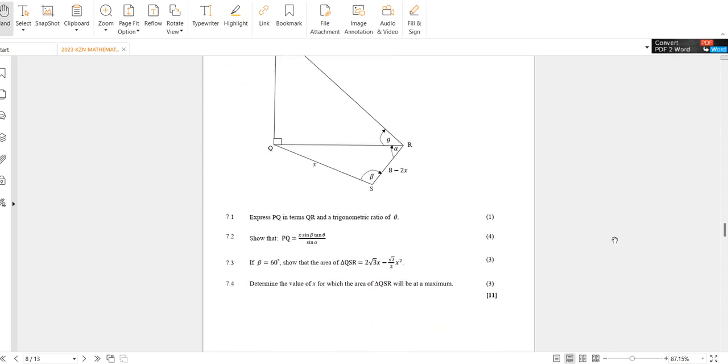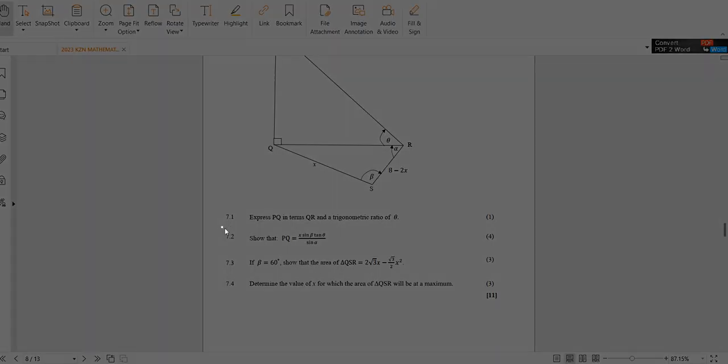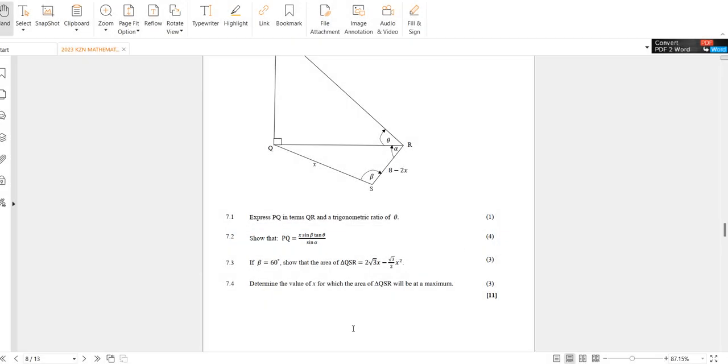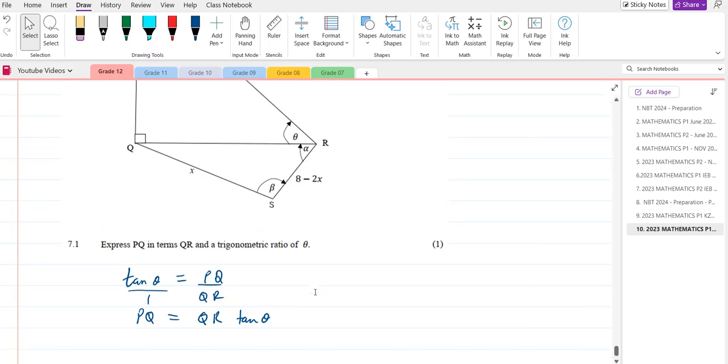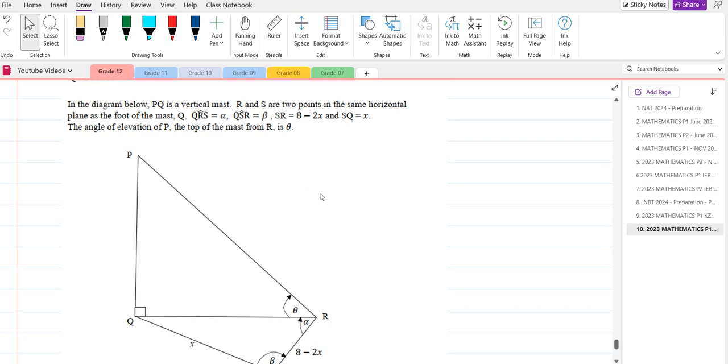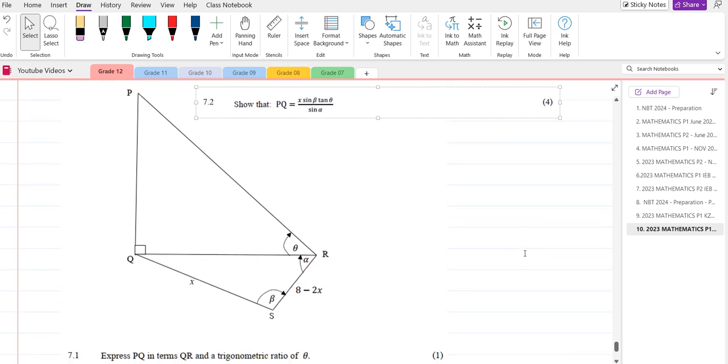Show that PQ is equal to. Right, very basic problem, guys. So we want to show that PQ is equal to, let me just put this on top. Right, so 7.2, we want to show that PQ is equal to this. See what they're using? The distance PQ is equal to, remember what was PQ? QR tan theta. So find QR.